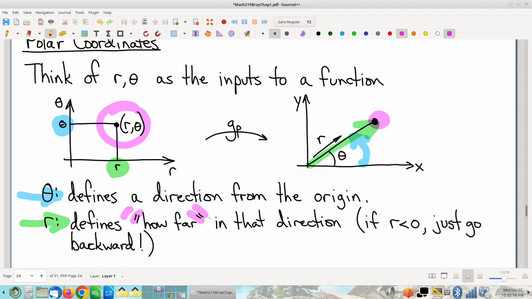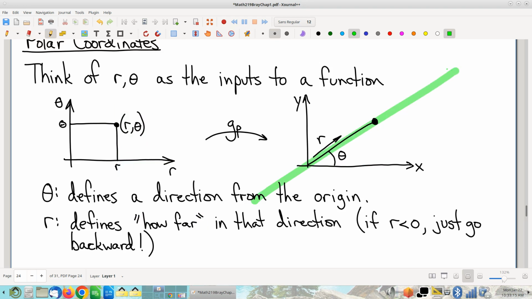And importantly, r is a coordinate; it's not a distance, right? So how far in quotes, because it could be negative, by which I mean if r were negative, we would just go the other way. And let me clean up the picture so I can do that. Given a value of theta, if r is positive, you go that way. If r is negative, you just go the other way. Like that. Is that cool? Everybody happy?